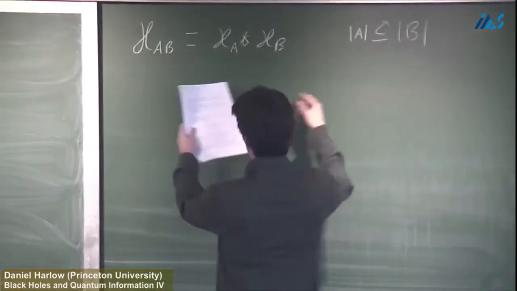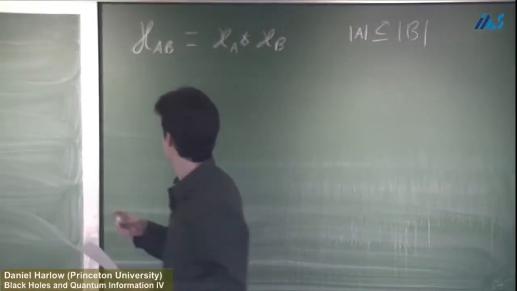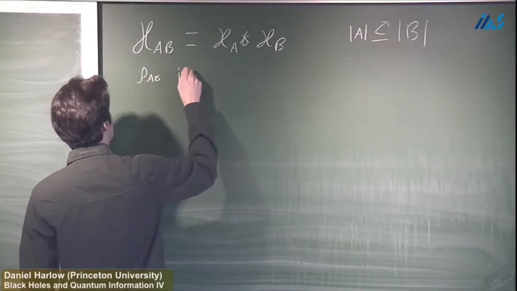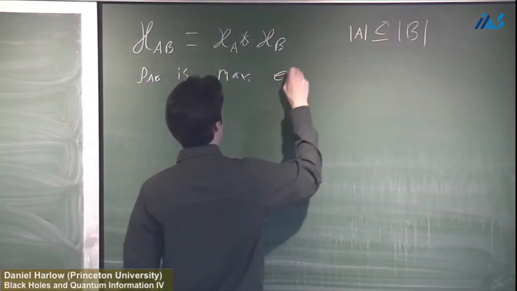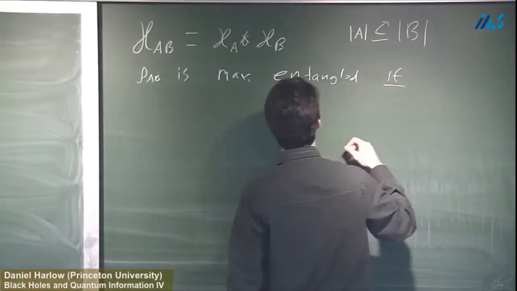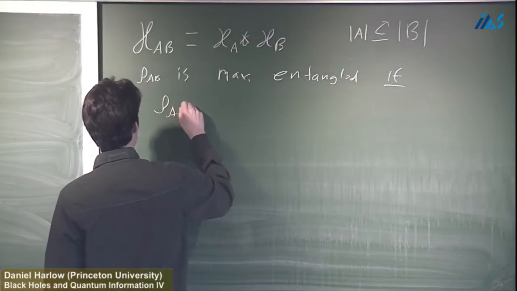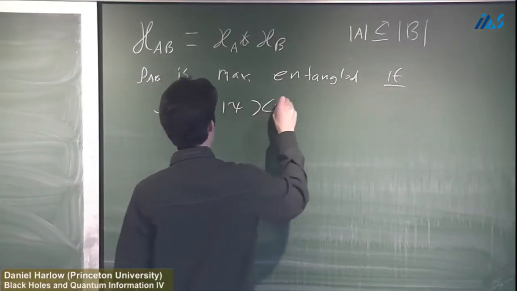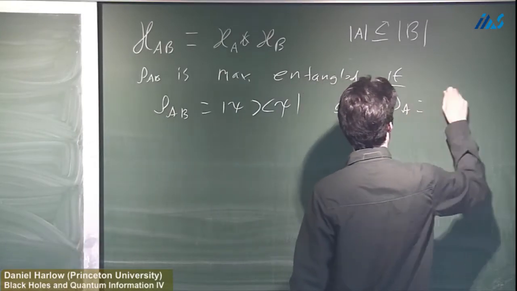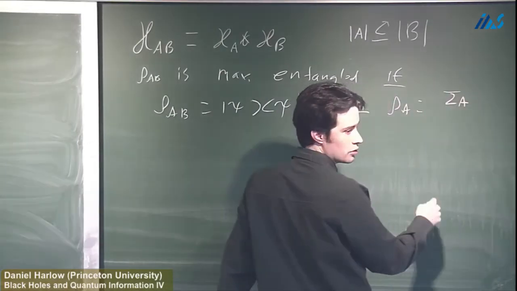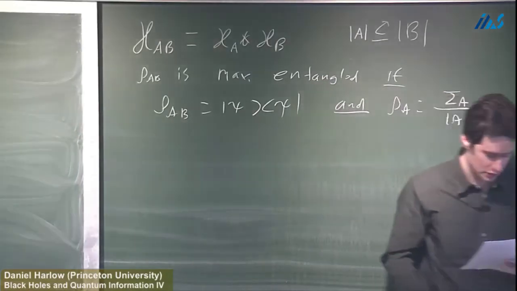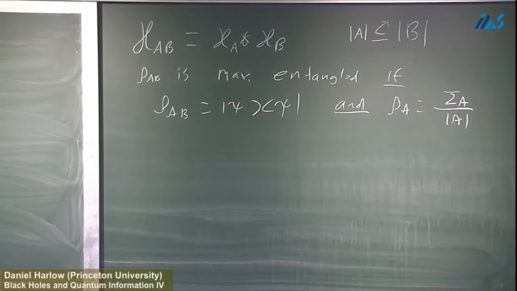Now we say that this system is maximally entangled. So the state rho AB is maximally entangled if rho AB is pure and rho A is the identity operator on A, which I'll write as I sub A, divided by the dimensionality of A. Okay, so that should not be a surprising definition to anyone in this room, I guess.